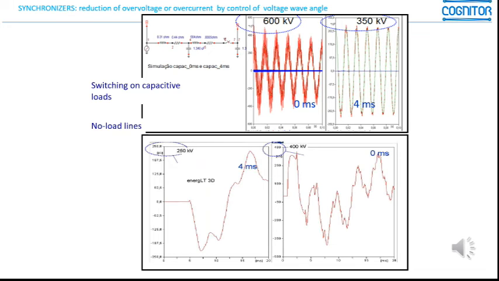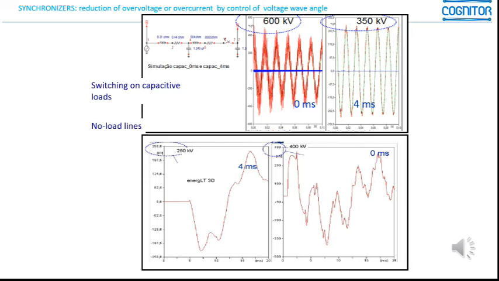One more example: in this case we are talking about the switching of capacitive loads and no-load lines, and you see in both cases in the figures 600 kV, 350 kV. These are the same circuits.